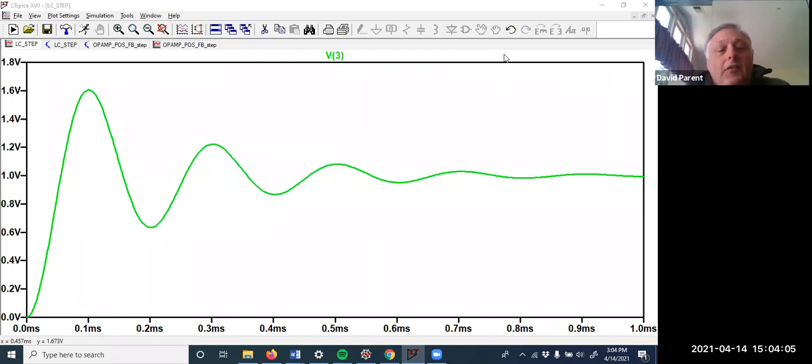Yeah. So when you see oscillations, that means there are poles that have imaginary components, right? And imaginary components always come in pairs, because you're taking the square root of something, so you get the positive and the negative part of it.